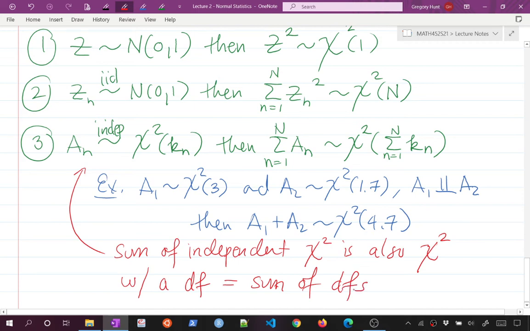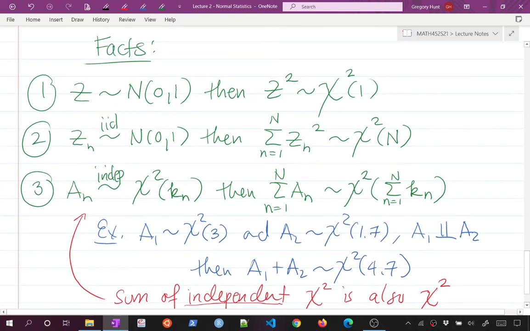The sum of independent chi-squareds are chi-squareds. They have to be independent. But the resulting chi-squared's degrees of freedom is just the sum of the degrees of freedom. So that's my little example 2. It's true generally. If I have a bunch of them that are independent and I sum them up, it's still chi-squared. This is where you can basically use fact 3 to prove fact 2.